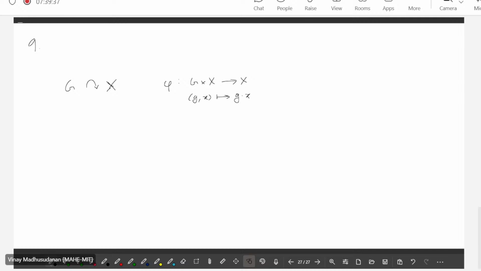Instead, we choose to write it as g dot x. It is not the multiplication of the group at all, because X is some set. It is nothing to do with G. Means it is not made up of group elements or something. It is just any set.